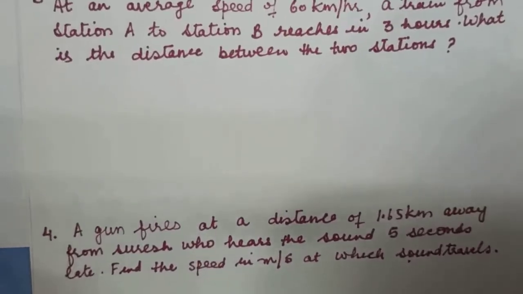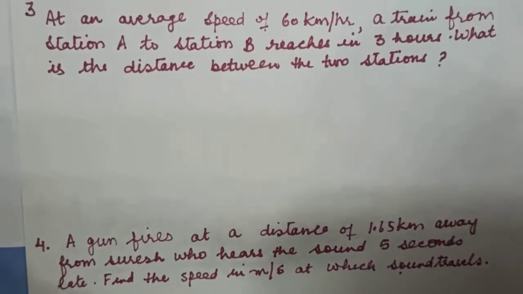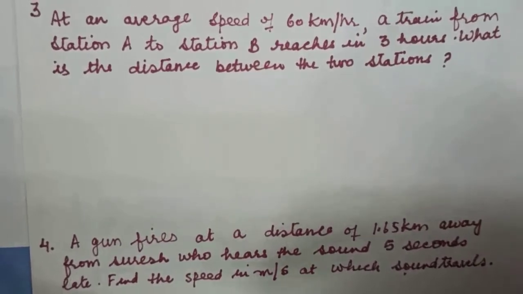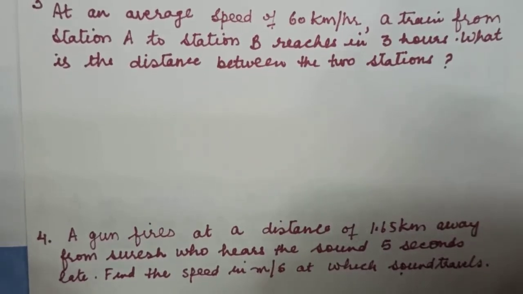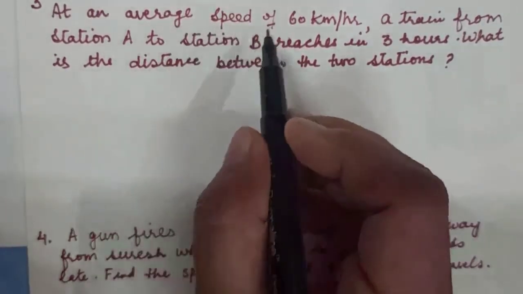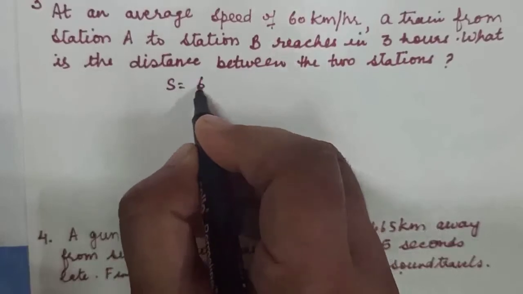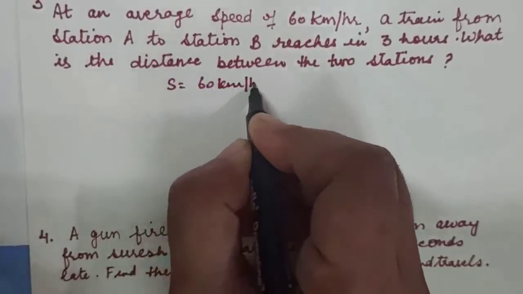Third question is, at an average speed of 60 kilometer per hour, a train from station A to station B reaches in 3 hours. What is the distance between the two stations? So here we are given speed. Speed is 60 kilometer per hour.